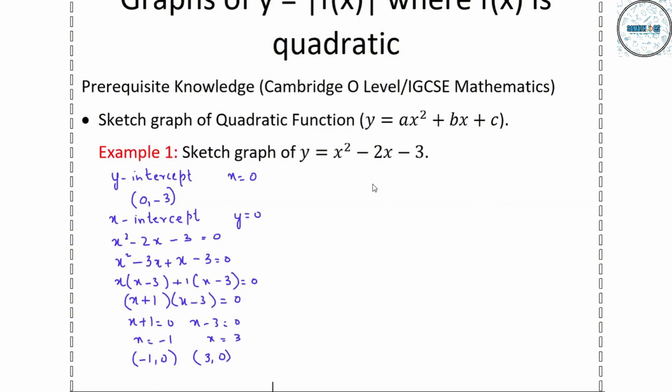Then we have to take out x coordinate of the minimum point. As the value of a here is positive, a is greater than 0, so it has a minimum point.